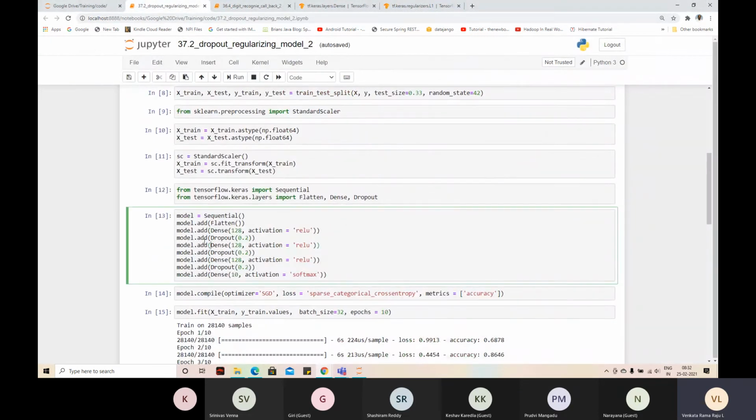See this here, I have taken a dense layer and then I am specifying dropout 0.2. That means I want to drop 20% of the nodes randomly. I'll show how it works in a moment. I have taken 128 nodes, but when I took this kind of network, the model may be overfitted.